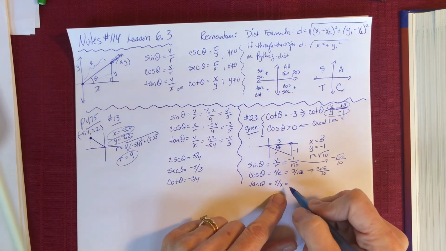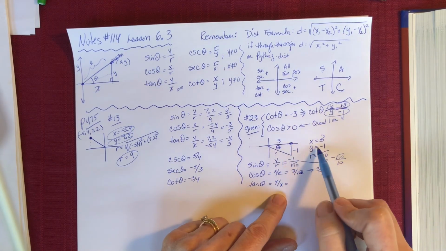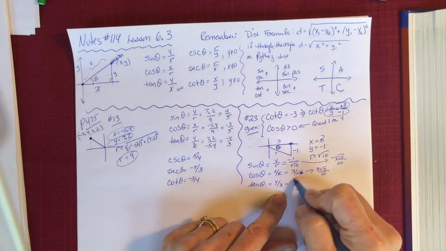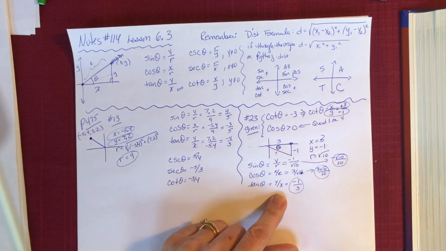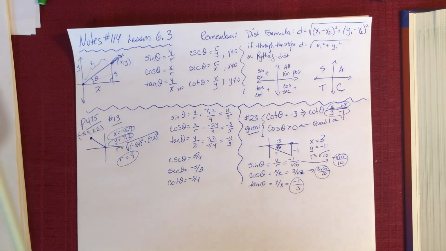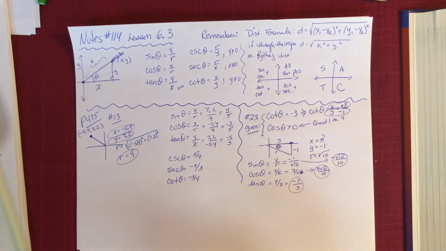And then my last one is my y over my x value. So my y value in this case is -1. My x value is 3. I know you can finish the second half where you figure out your cosecant, your secant, and your cotangent from that value there, okay? I'm going to let you do that on your own.